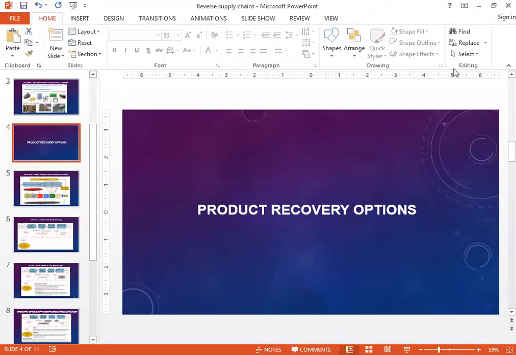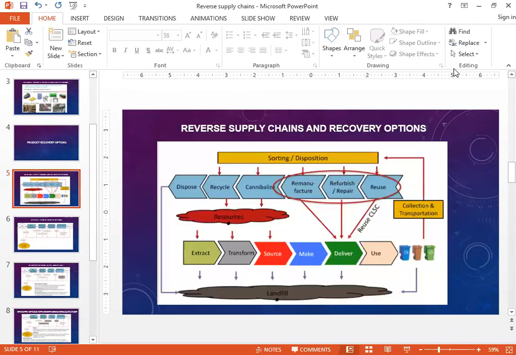Okay, next I'm going to be talking to you about how companies manage products that are returned back to them. So what are the options that companies have once products are returned back to them, and how do they deal with it? If you look at this slide over here, we can see, for example, let's say some resources are extracted.